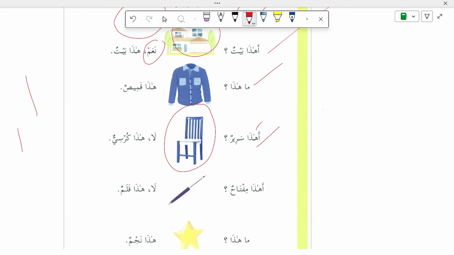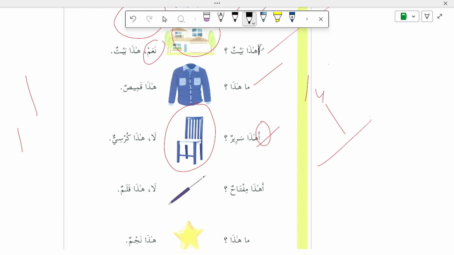Okay. This word, the hamza with fatha, is a harf. It is used to make a sentence interrogative. Just imagine that this is not there.